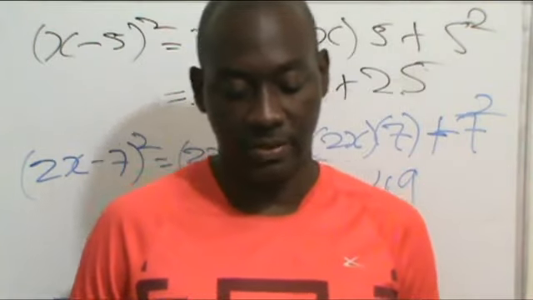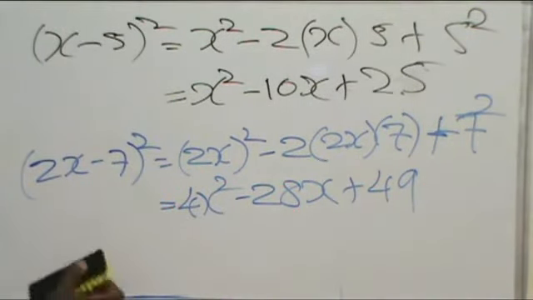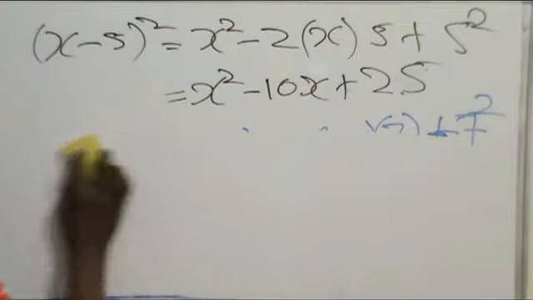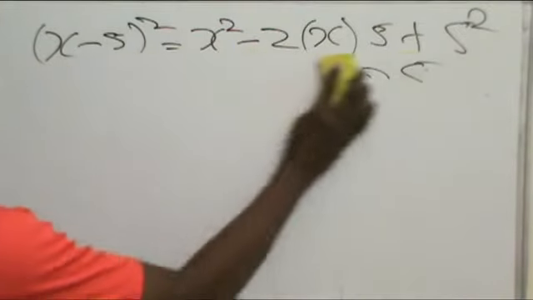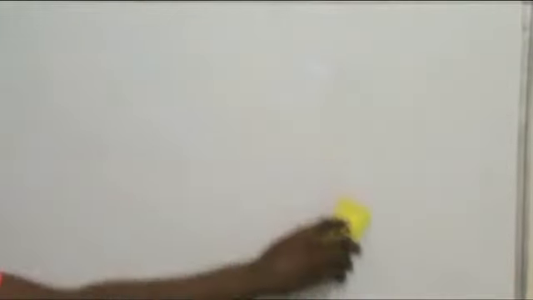Right, and then we have another one here, (7a minus 4b) to be squared. This is the one that I like because it gives you a little more difficulty now in these questions.